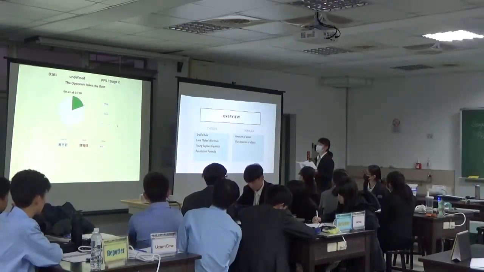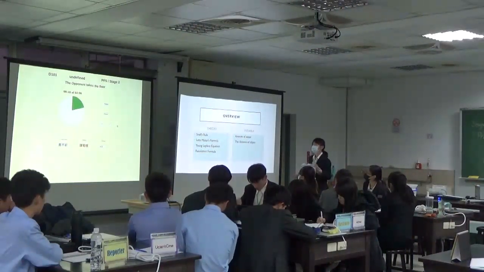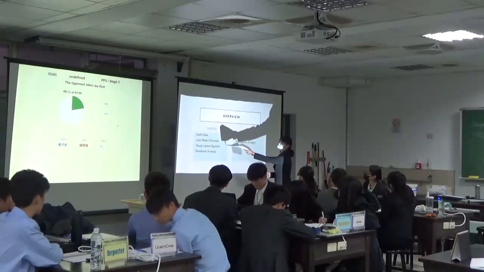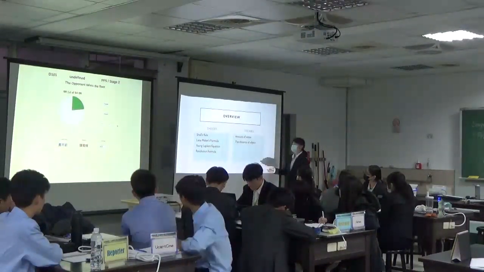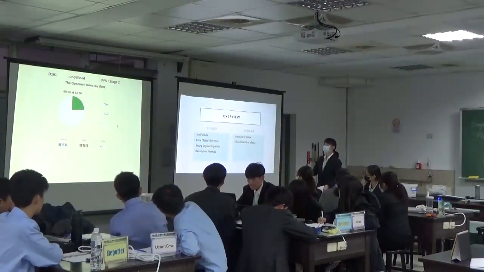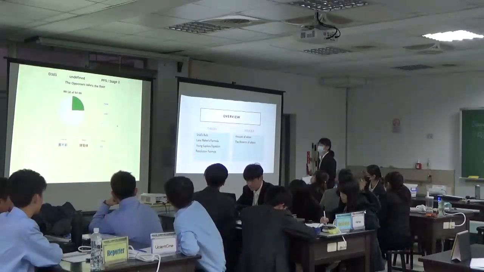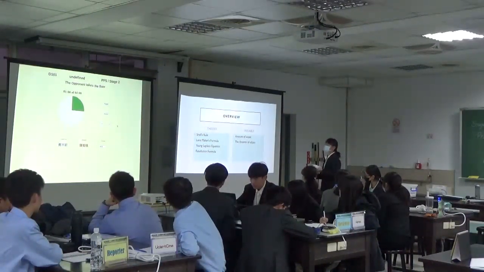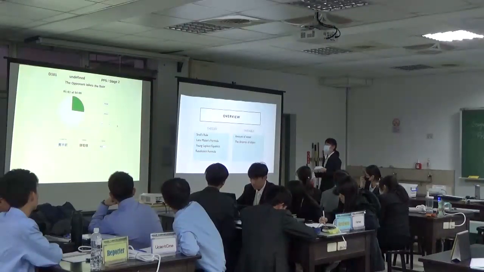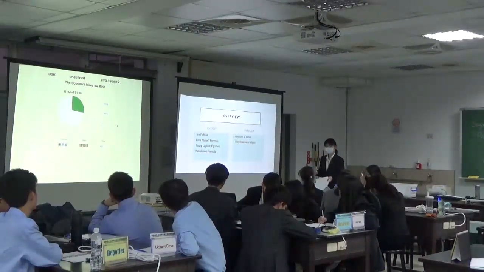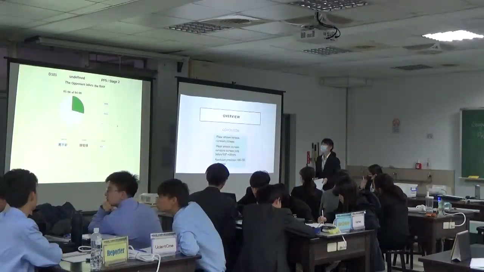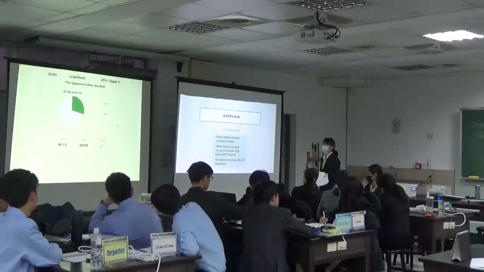And this is our overview. Theory: he used some proofs like this formula, and Young's equation, and he used the resolution formula, and his variables are the amount of water and the distance of the object. And this is his conclusion.